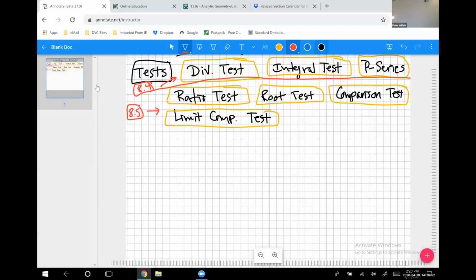But let me grab something from the book. So let's say I have this series.